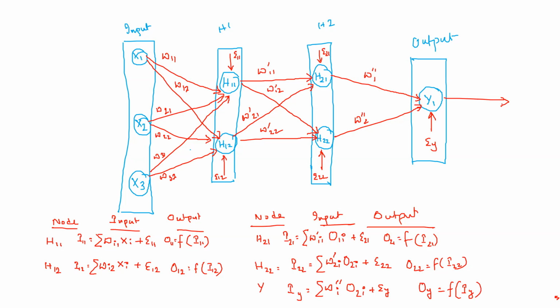Now, if I have an output of y, what is my error? My error is basically y actual minus this output of y, whatever I'm getting, square of that and then summation of that. That is my error. So if I have x1, x2, x3 data, and if I have y actual data, I can calculate this OY using all these formulas that I've written at the bottom, and I calculate the error.